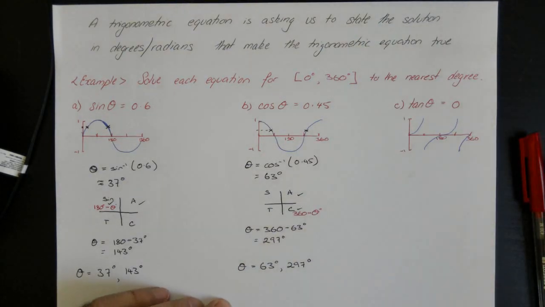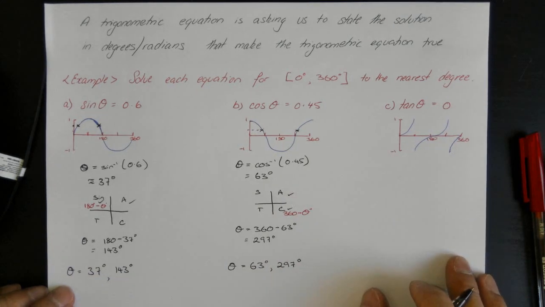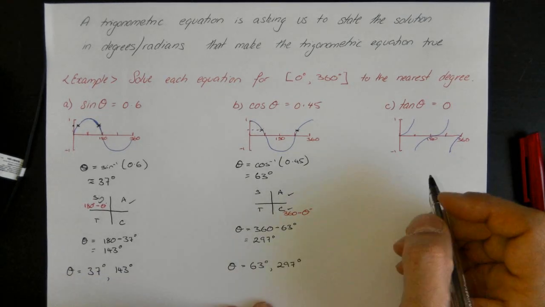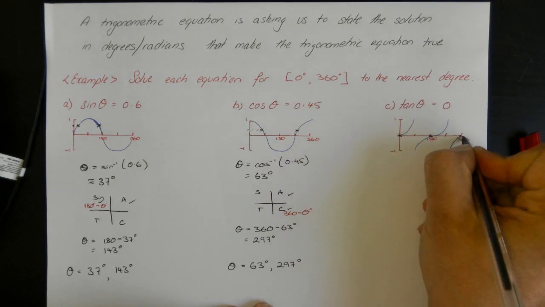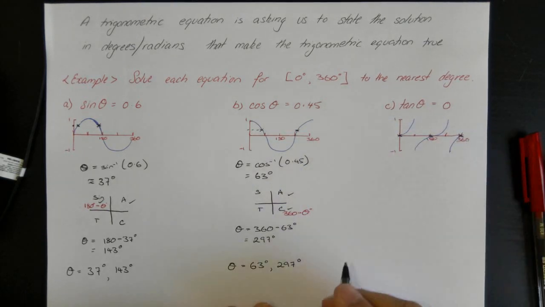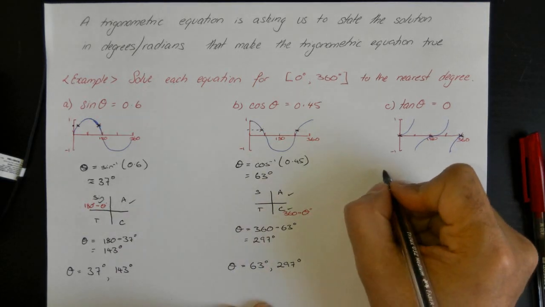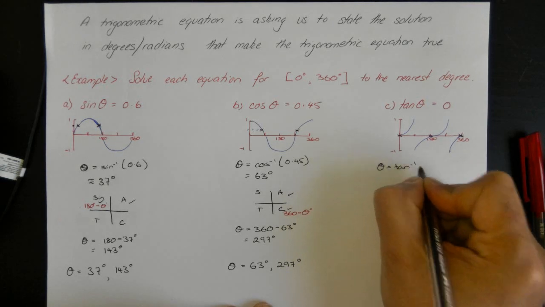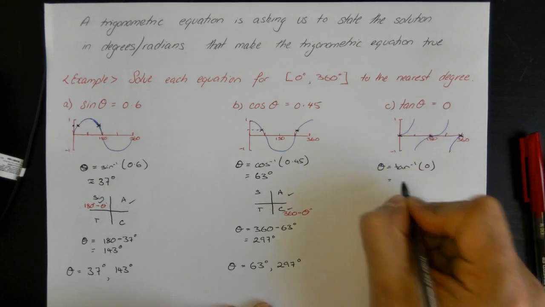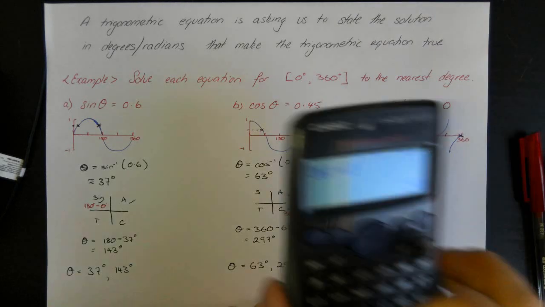Okay, let's look at this example. Tan theta equals 0. Using our graph, we can see that here it happens 3 times. So theta equals inverse tan, and if I did that, I should get 0.